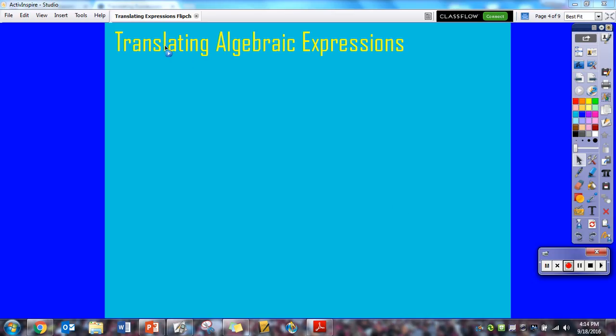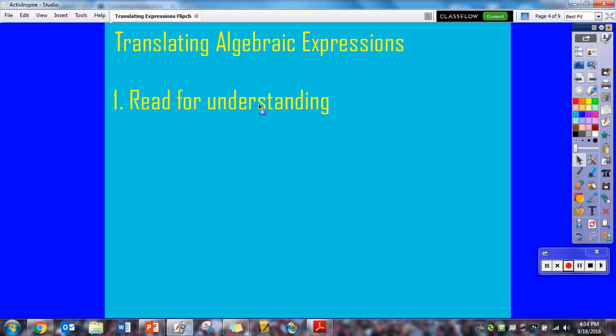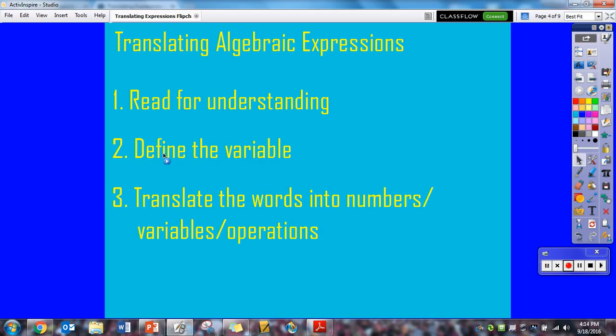Okay, so let's talk about how to actually translate algebraic expressions. So, step 1, we need to read for understanding. Obviously, it's important to read the problem so we know what's going on. Then we need to define the variable. In this case, a lot of our expressions are going to use the phrase number, so we'll just call it n for our case.